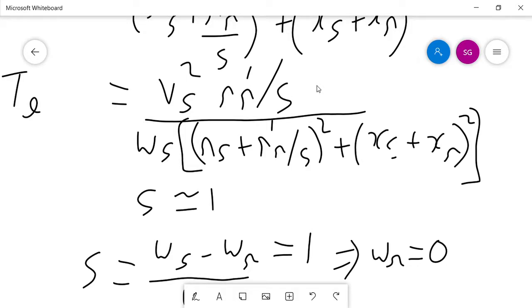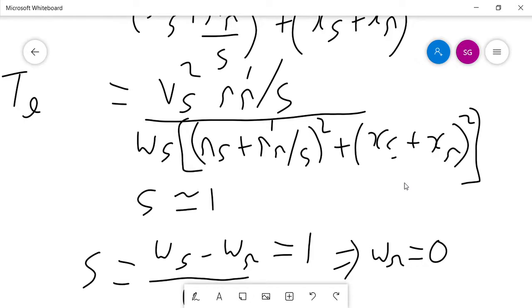At that slip, Rr dash by s becomes huge in comparison to the other terms, and these can all be neglected. At that point, the curve will shift.